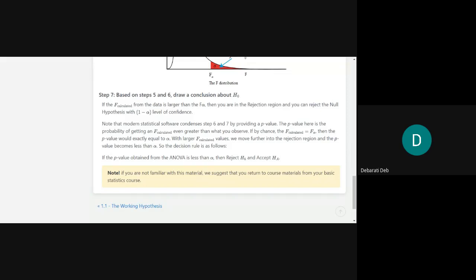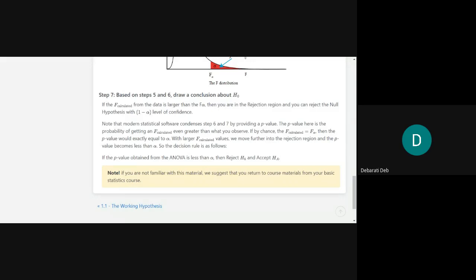Okay, now is it clear? If you have any question or any doubt, please tell me. Have you understood what I'm trying to say? The p-value will come in software calculation. If this p-value is less than your alpha, that is 0.05, then what do you do? Do you accept or reject the null hypothesis?